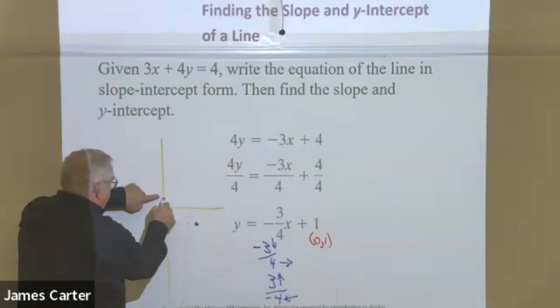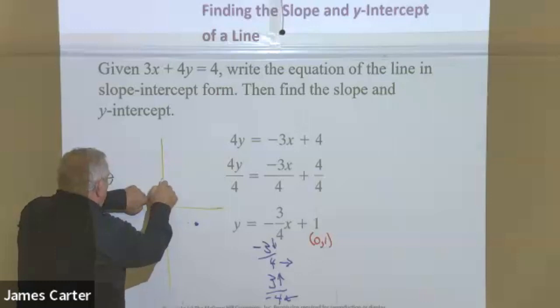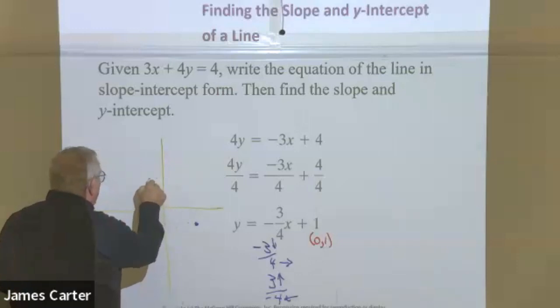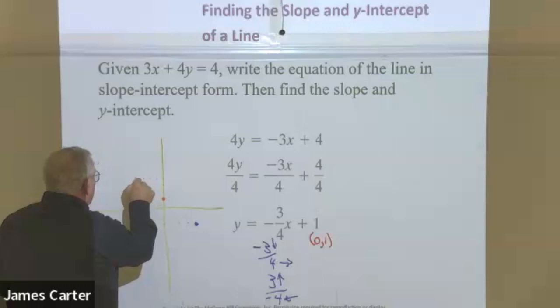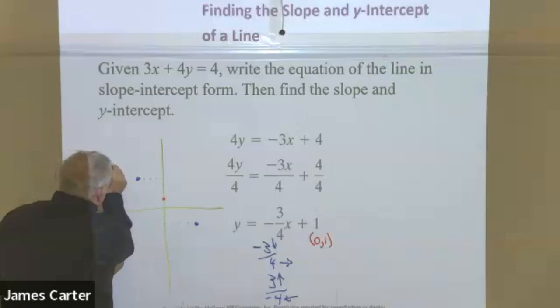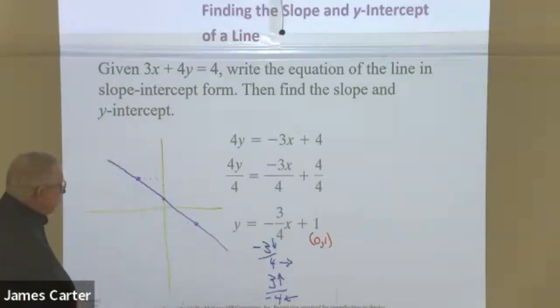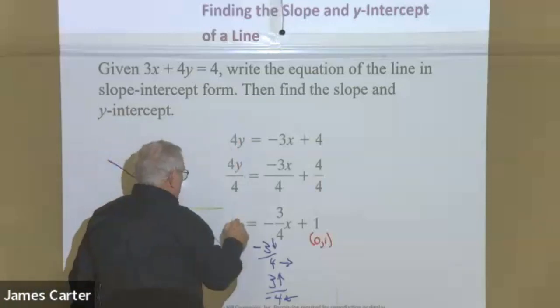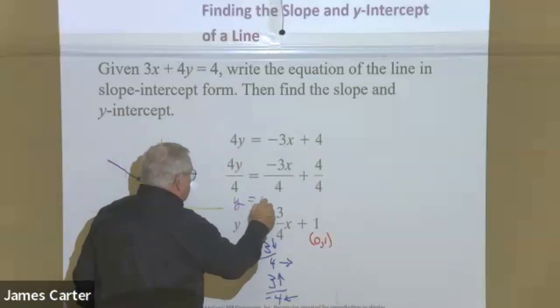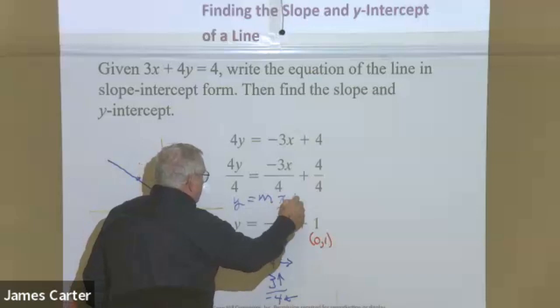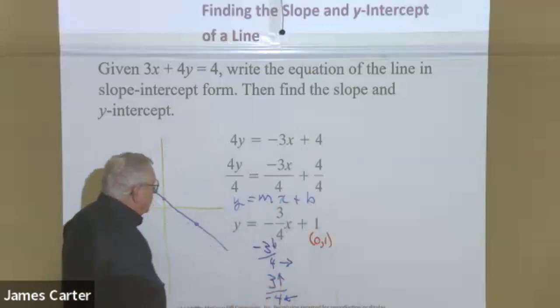We could also, from here, have gone up 1, 2, 3, and left 1, 2, 3, 4. As you see, these create our line. Okay? So that's how easy it is to graph from the form y equals mx plus b.